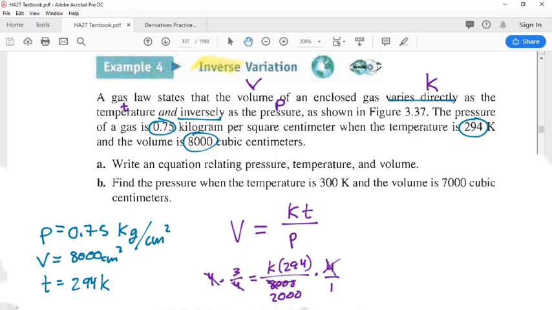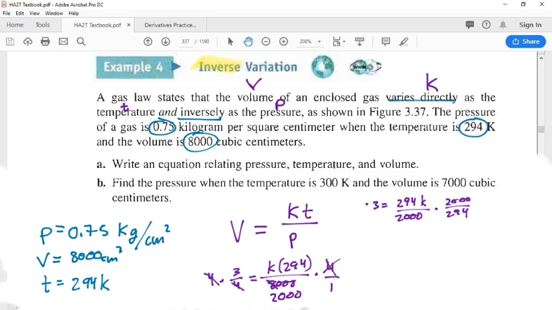And then to get the K alone, let's multiply both sides by the reciprocal of 294 over 2,000. So we have 3 equals 294 times K over 2,000, and we multiply by 2,000 over 294.